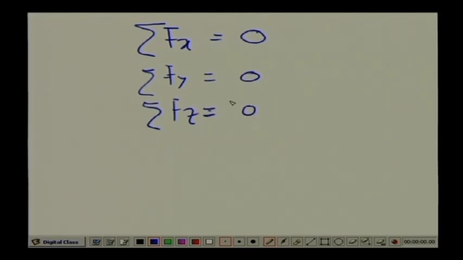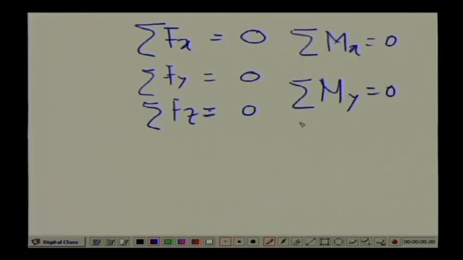Also, the moment of all the forces taken about the x, y or z axis or parallel to them should be equal to 0. In effect, we can say that the summation of moment about the x axis is 0, the summation of moment about y equals 0, and the summation of moment about z or parallel to the z axis equals 0.